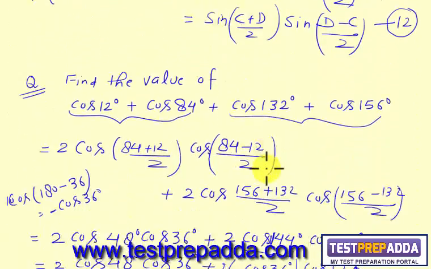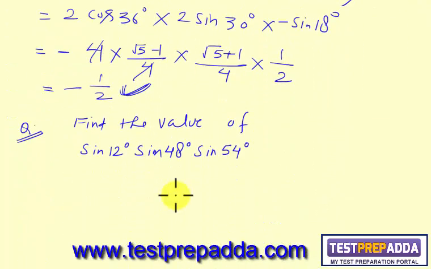So here if I multiply and divide with this 2, I can use 2 sin A sin B, so it will come half.